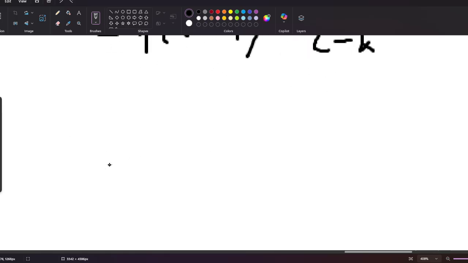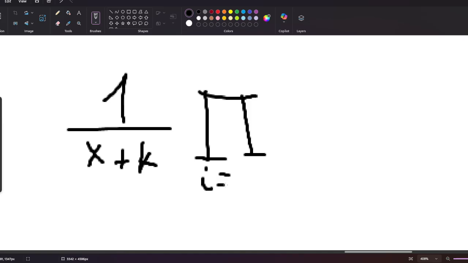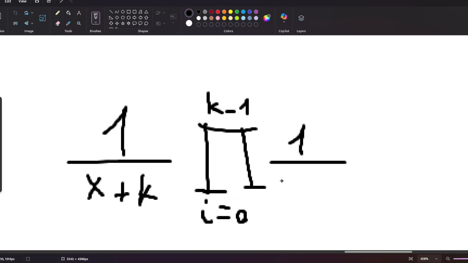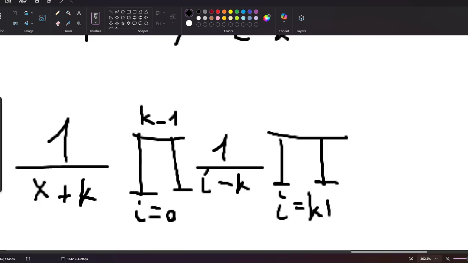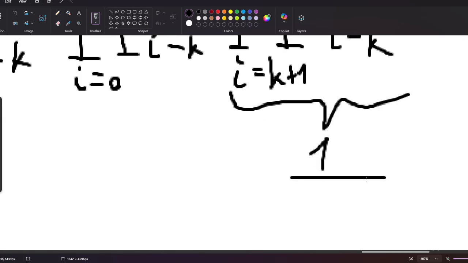So now we know that the coefficient is going to be 1 over x plus k times the product for i equals 0 up to k minus 1 of 1 over i minus k, times the same product but from i equals k plus 1 up to n of 1 over i minus k. Now this over here is just 1 over (n minus k) factorial.